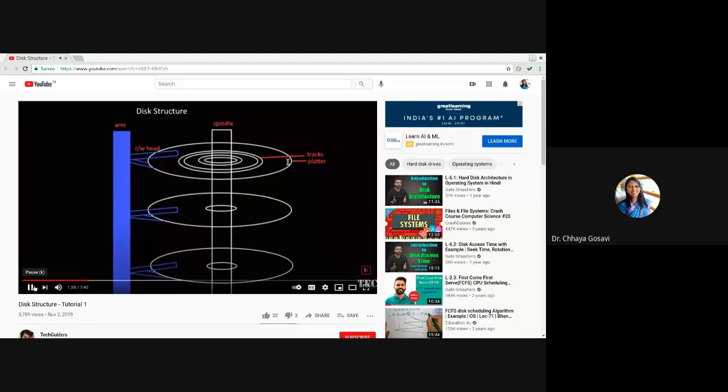The tracks at the same distance from the center on all the platters together form a cylinder. In other words, all the tracks which are at the same head position together form a cylinder. Then each track is further divided into sectors.